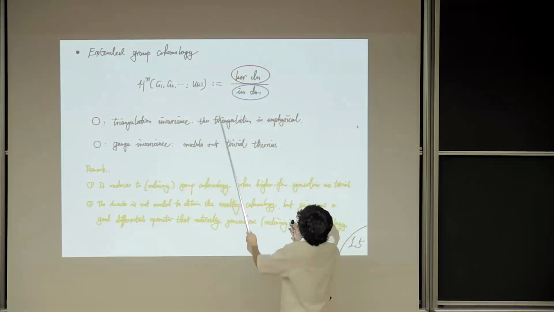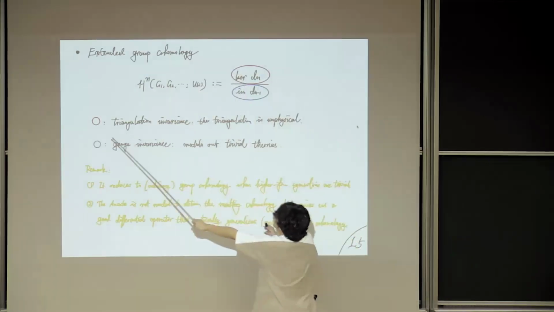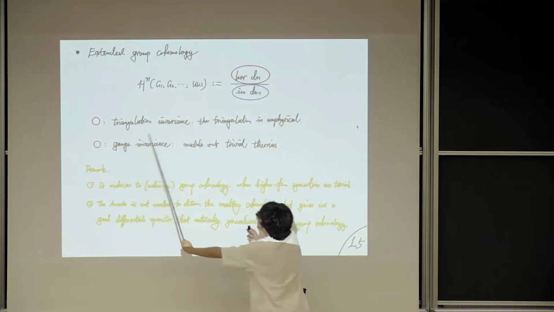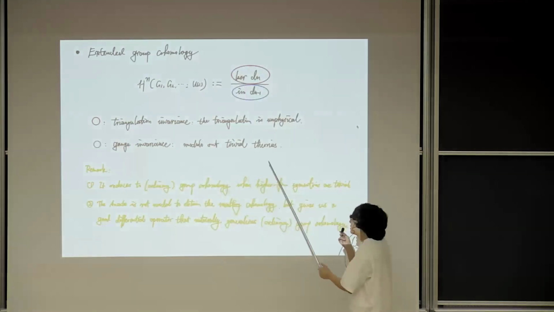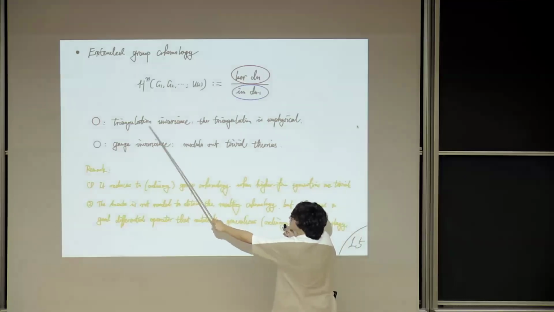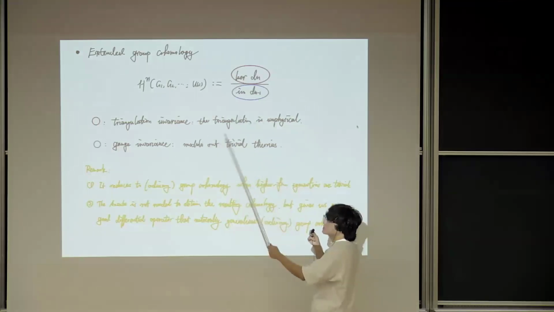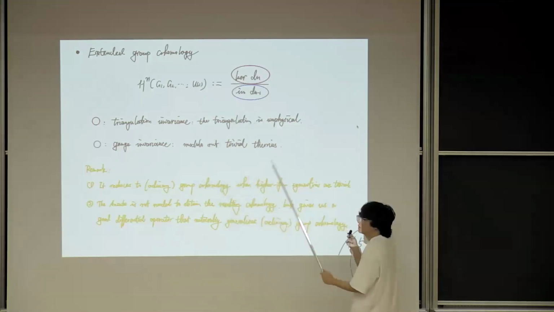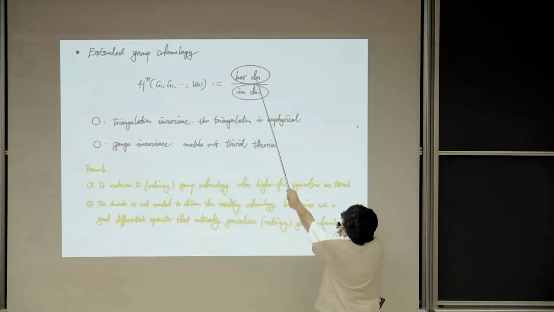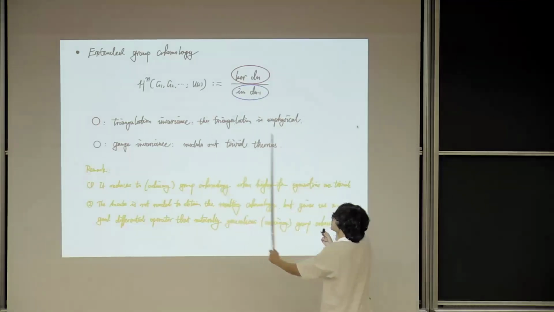And then we can see what it means. The numerator tells us our theory is invariant under the rearrangement of the triangulation. That must be the case, right? Because triangulation is just some auxiliary tool, and our theory cannot depend on it. So this kernel tells us our theory is indeed independent of the triangulation.